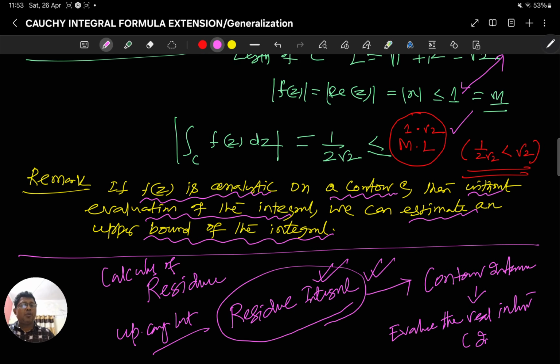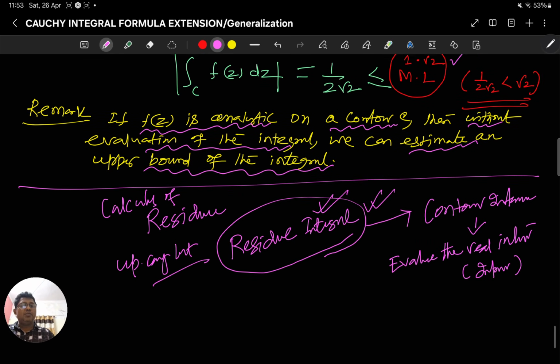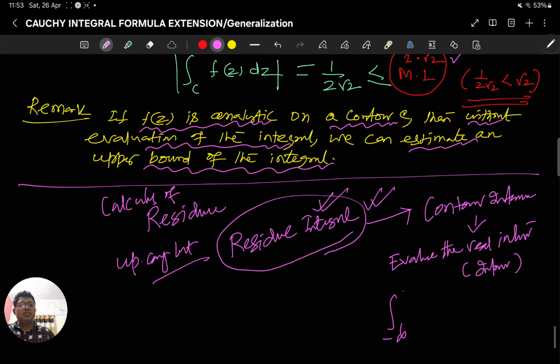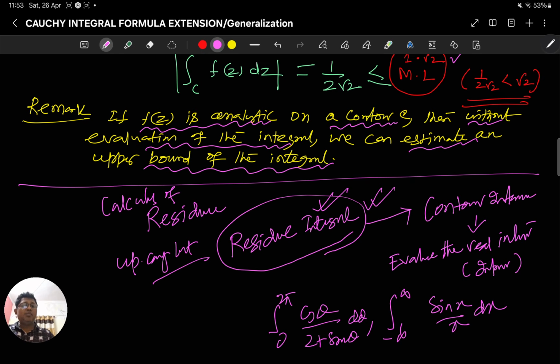Maybe the integral is improper, of this type. Suppose you are asked the integral from minus infinity to infinity of sin x by x. This is an improper integral. Or the integral from 0 to 2 pi of cos theta by (2 plus sin theta) d theta. So for this type of real integral, which is complicated by earlier means, we use the residue integral, which will lead you towards the contour integration to evaluate the complicated real integral, basically the improper integral.